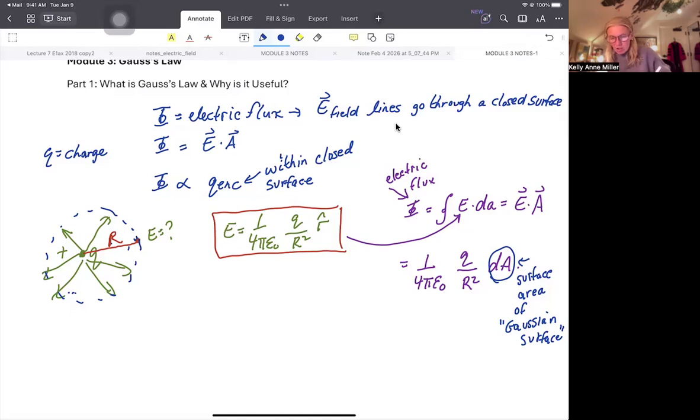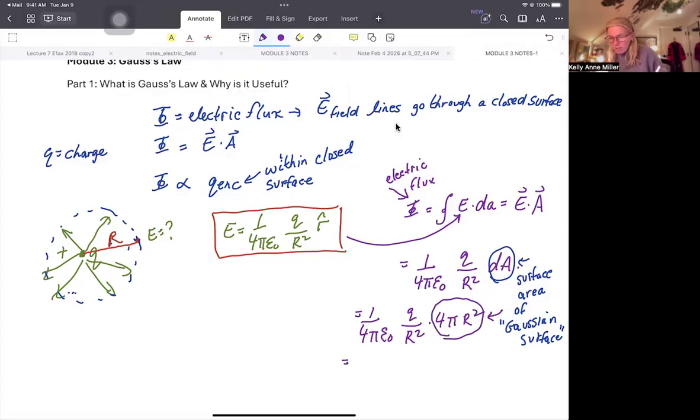So this dA turns into, if I rewrite this, 1 over 4 pi epsilon naught q over r squared. So dA, what's the surface area of a sphere? It's just 4 pi r squared. Okay, so that's the surface area of my Gaussian surface.